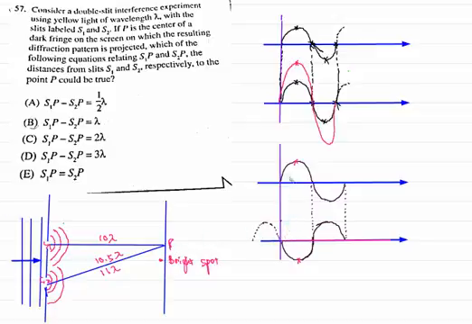So that means there is a constructive interference, that means it becomes brighter, they add each other. So in other words, this distance minus this distance, if we end up with a whole number of lambda, then it will be a bright spot.